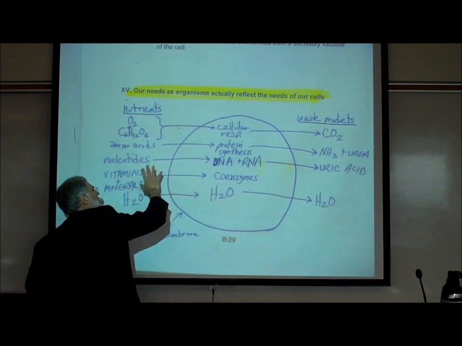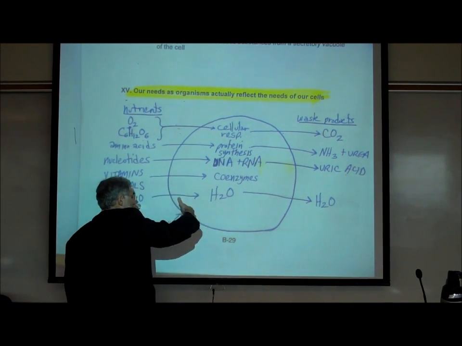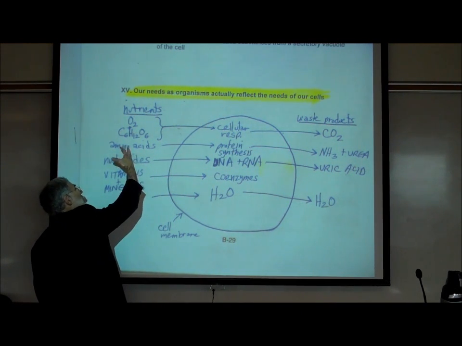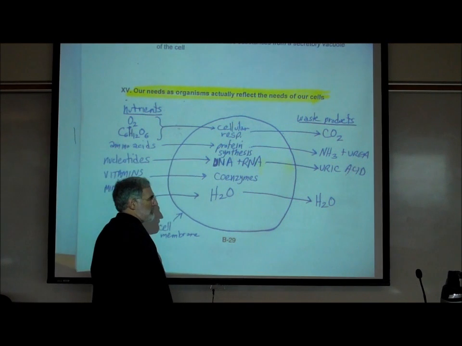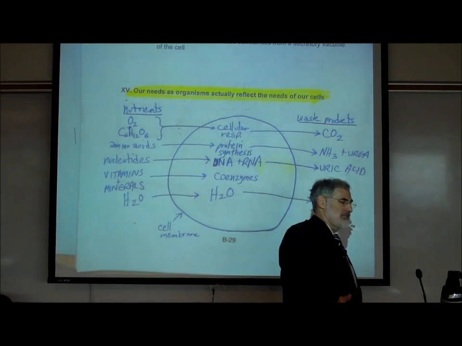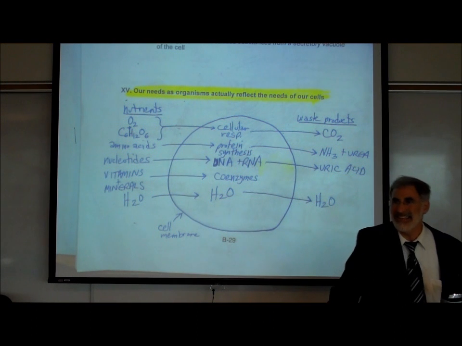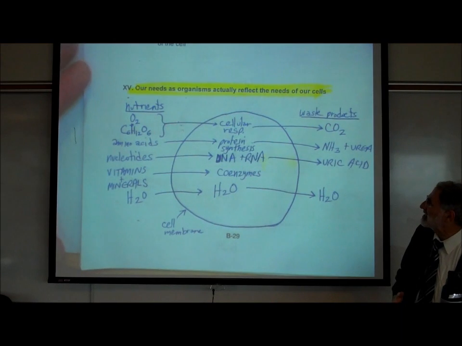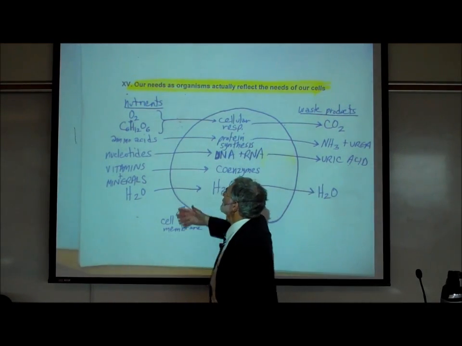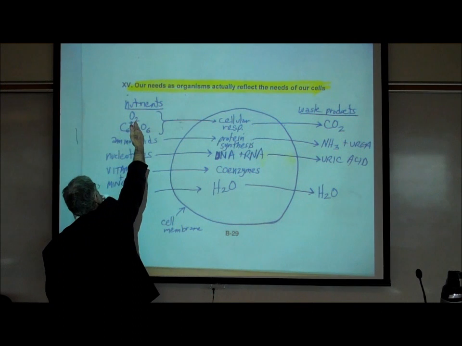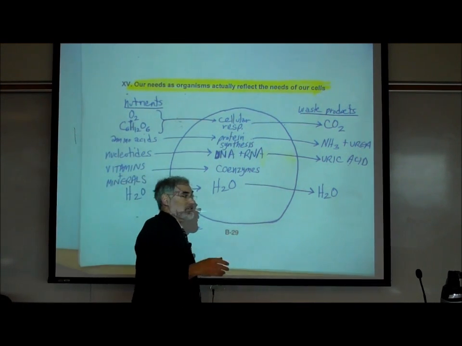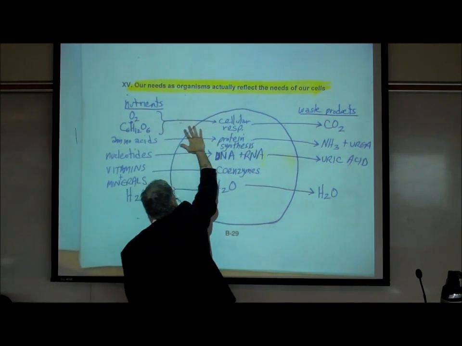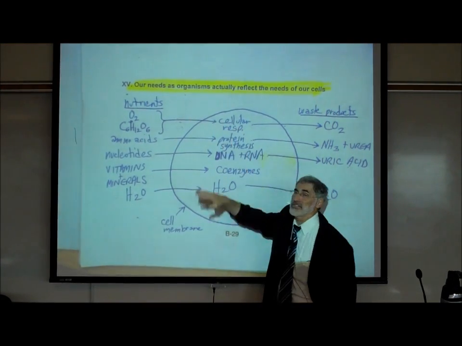And we know this cell, this human cell, the liver cell, pancreas cell, whatever cell in the body, needs various nutrients to stay alive. And we know that all living cells produce waste products that have to be eliminated. What are some of the nutrients that the cells of our body need? So I wrote O2, oxygen, and C6H12O6, sugars like glucose. Why do cells need oxygen and sugars? For the process of cellular respiration.